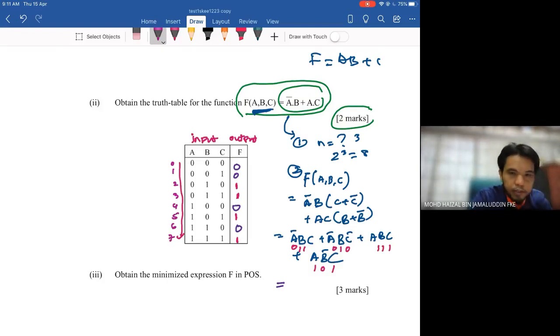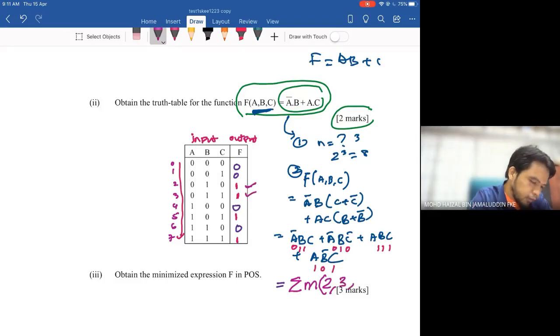If I want to write this in terms of Minterms, you have the summation of small m: 2, 3, 5, 7. So this is in terms of Minterms.